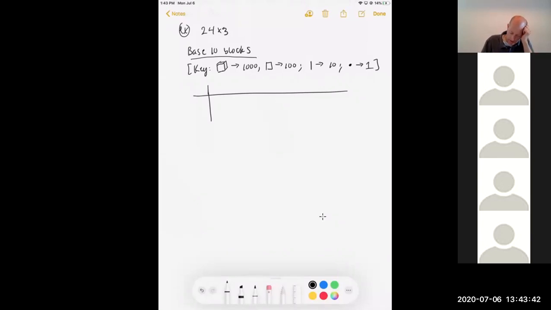We need to draw out 24 times 3. So I put my 2 rods here on the top row. And I put my 3 on the side.